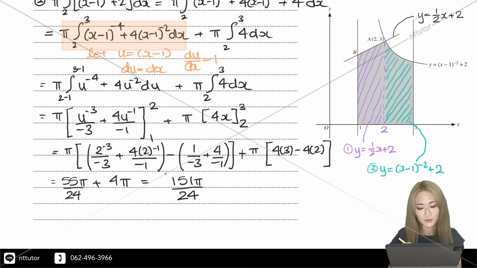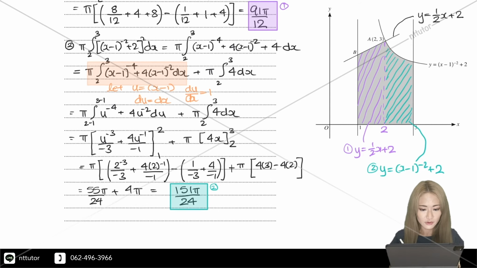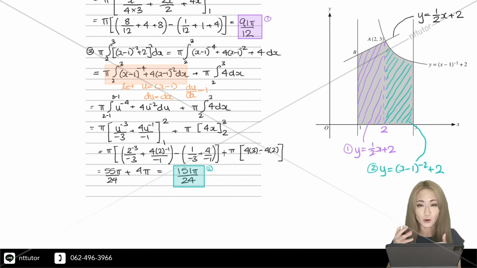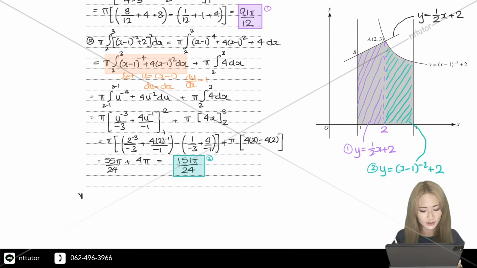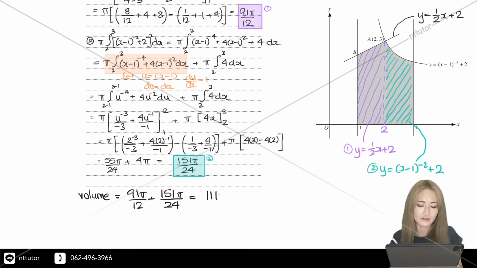So this is the volume of the second part. So the total volume is the sum of the purple part and the green part. So we need to add them together. So the volume is equal to 91 pi over 12 plus 151 pi over 24, which equals 111 pi over 8.